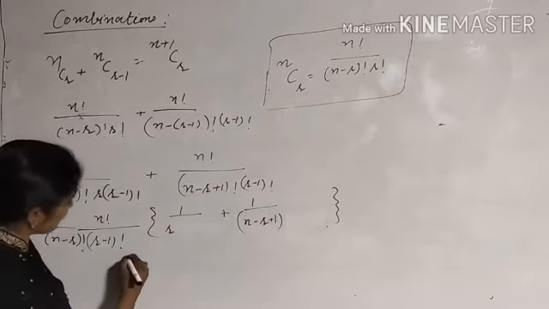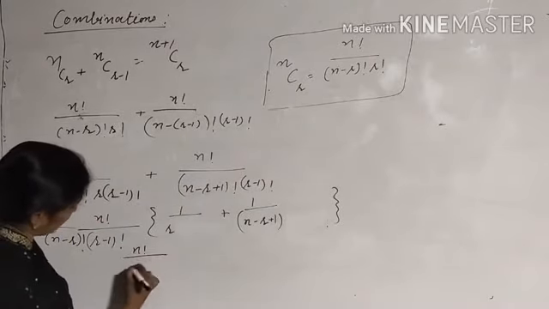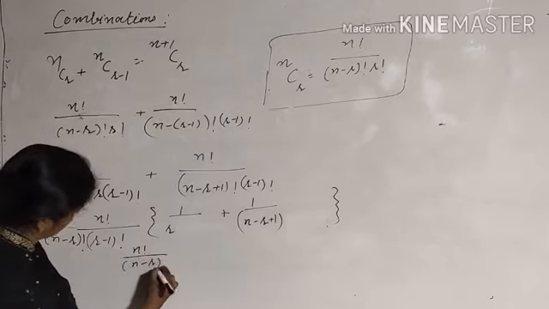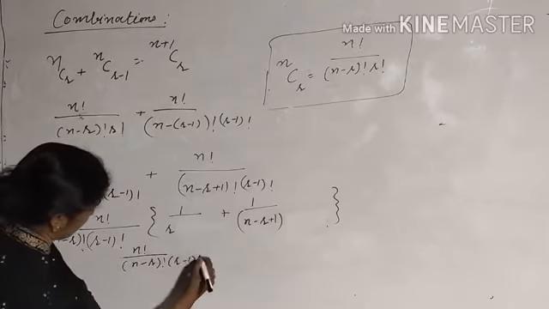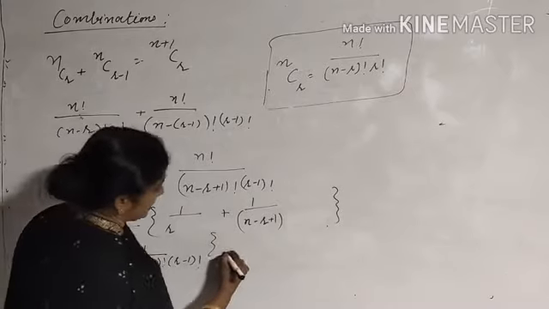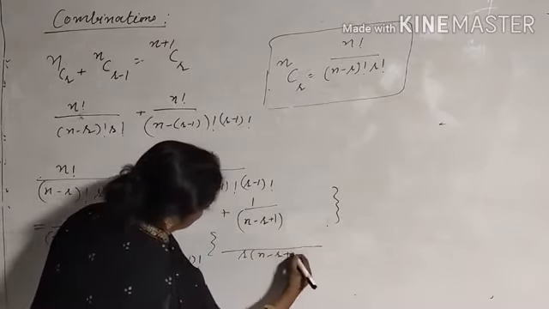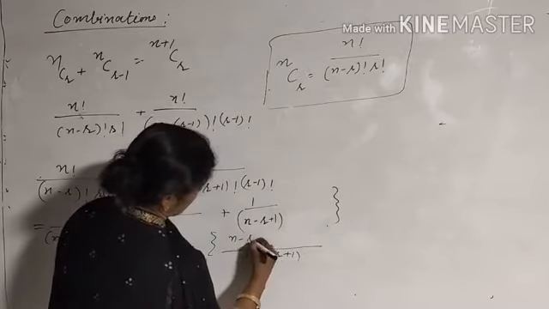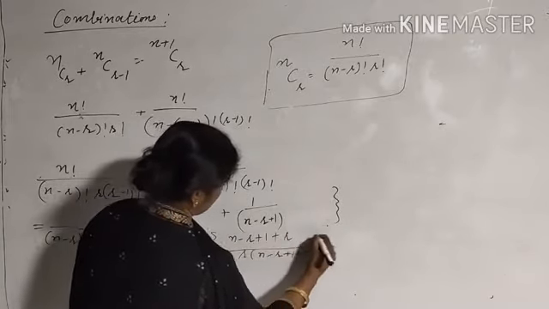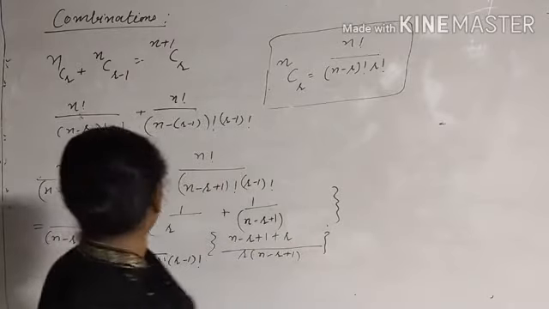Now take the LCM. n factorial, (n minus r) factorial, (r minus 1) factorial. Inside we have r, (n minus r plus 1), and (n minus r plus 1) plus r. So what will it be?